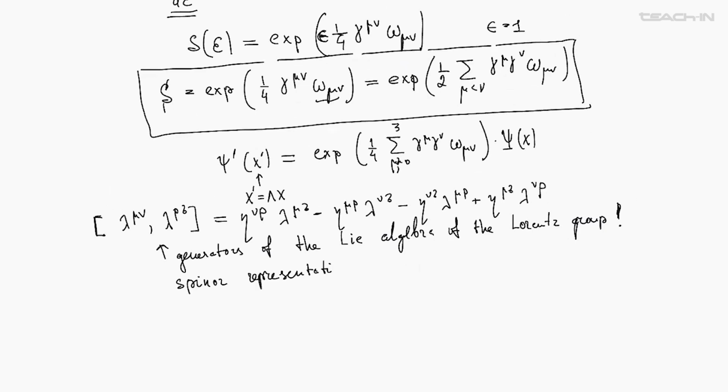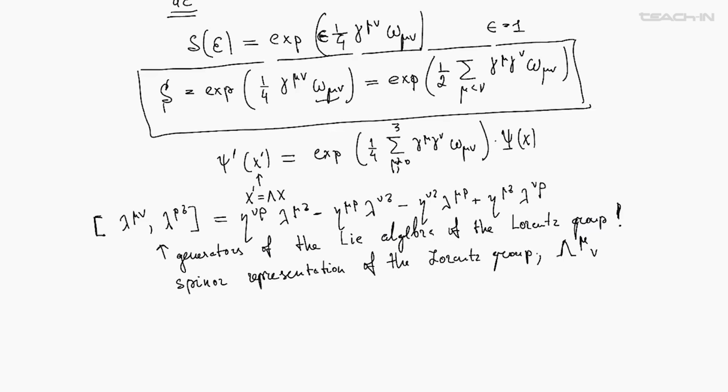And it's important to realize that this representation is different from the vector representation, the latter being given by the matrices lambda mu nu, which we have used in order to transform components of the vector x mu.